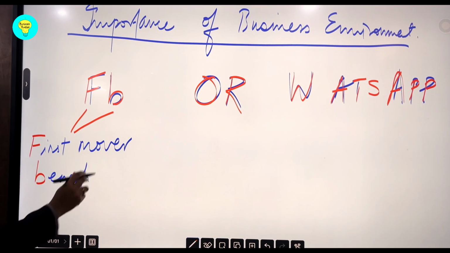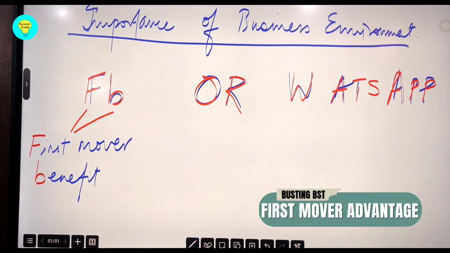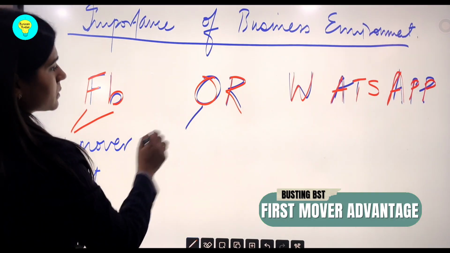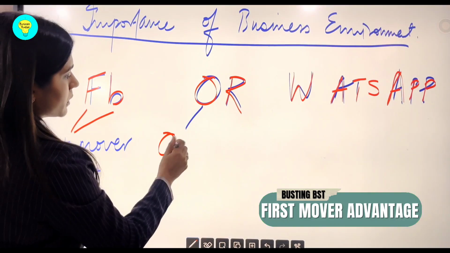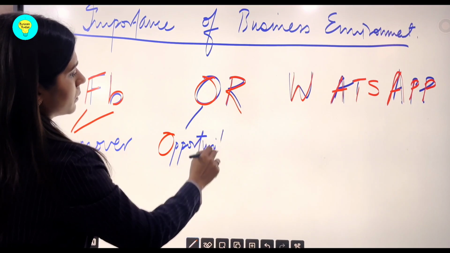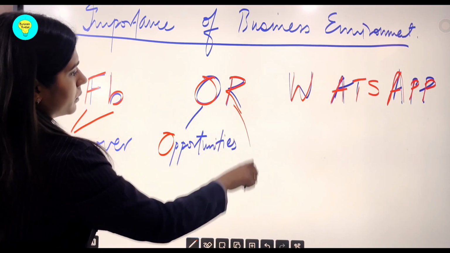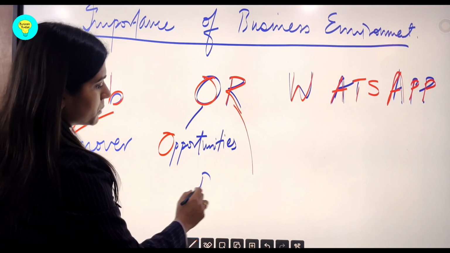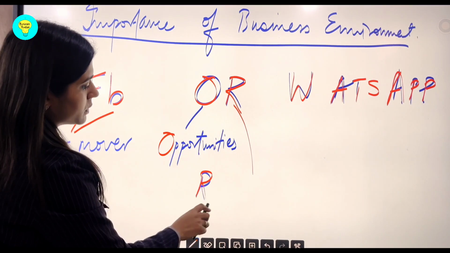In the book it is advantage. Then O represents opportunities. R shows optimum utilization of the resources.